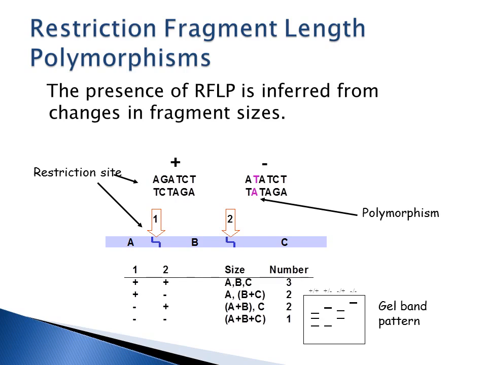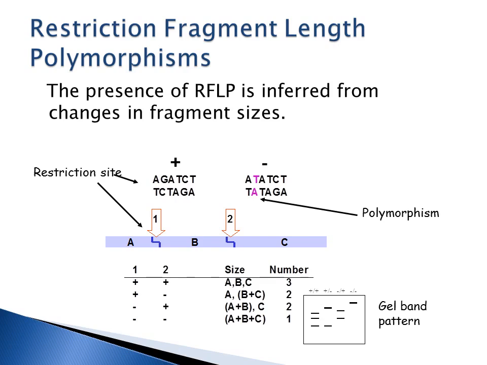So in an individual that had wild type sequence, they would have both restriction sites and they would have 3 bands on their gel that would be equal in size, in this example, to the A fragment, the B fragment, and the C fragment.